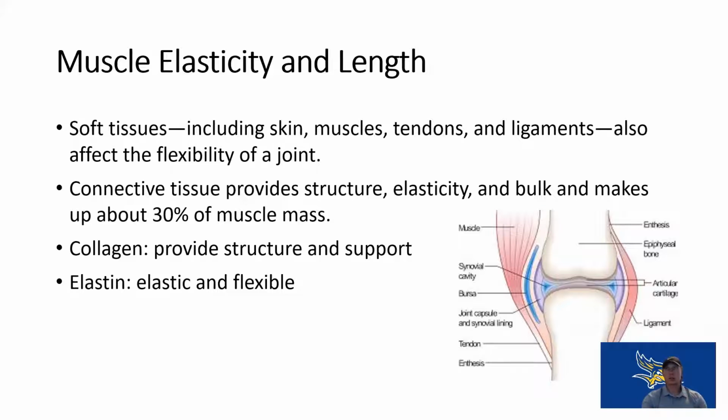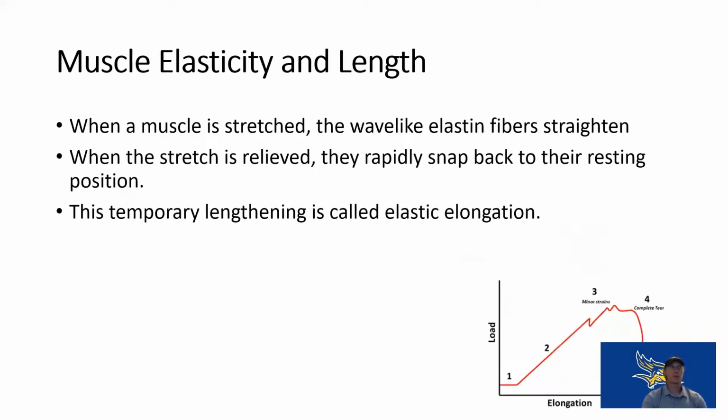So static stretching or different types of stretching will help to stretch and elongate that tissue, that connective tissue, like your tendons and your fascia and your muscle, stretch it out further. So now you have the ability to have more muscle length and more possible range of motion. That's the purpose of stretching.